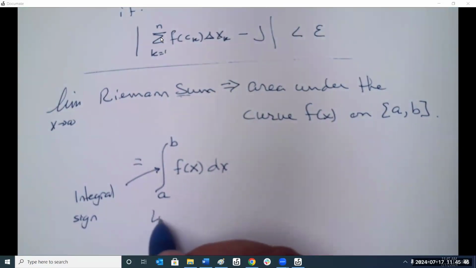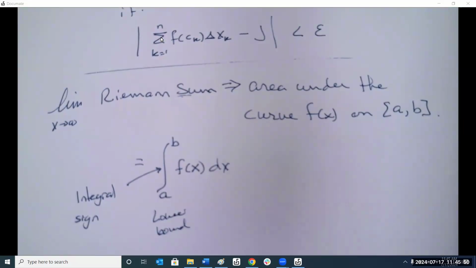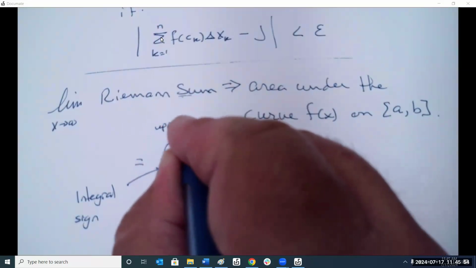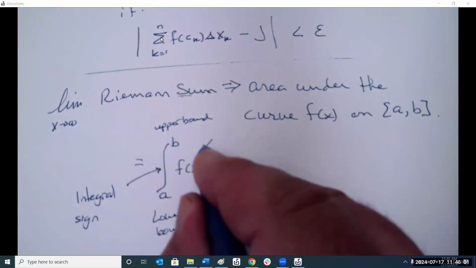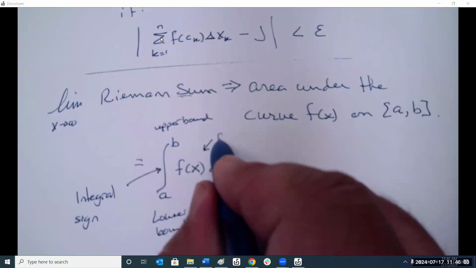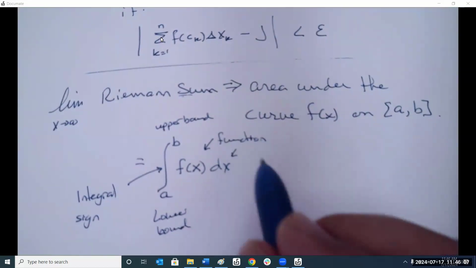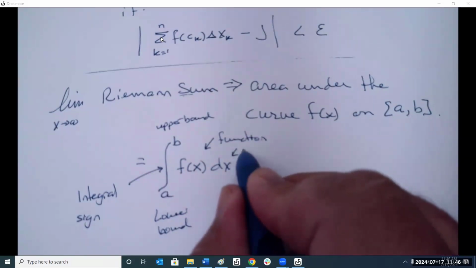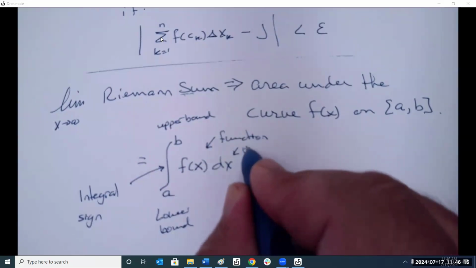This is the lower bound of our closed interval. This is the upper bound of our closed interval. This is the function, and this is our variable of integration.